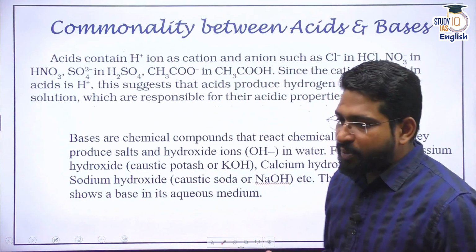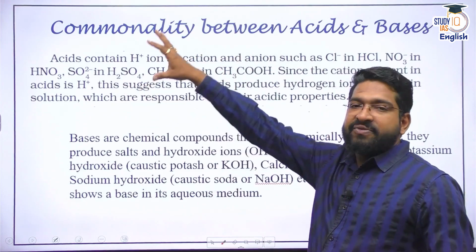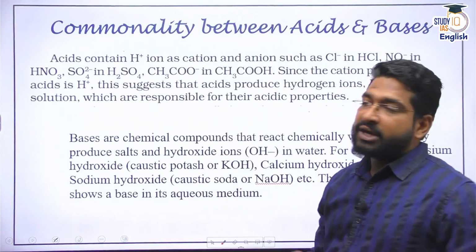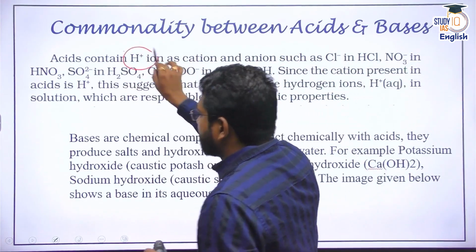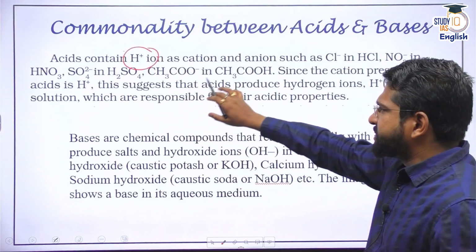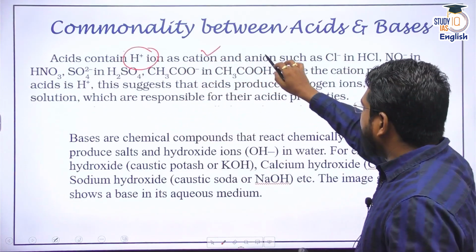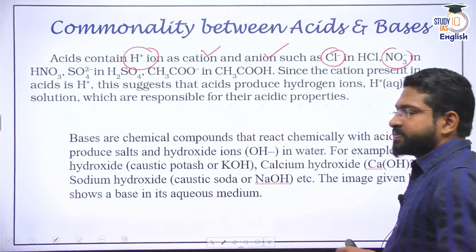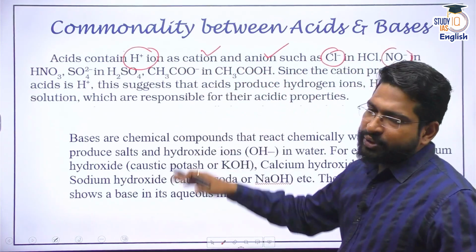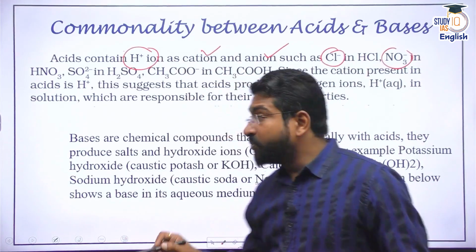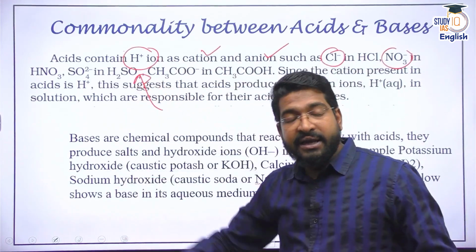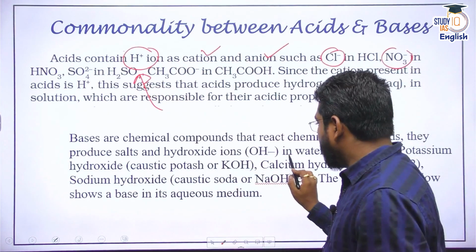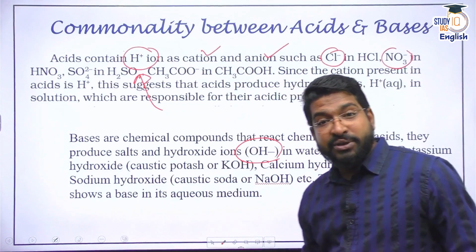Every acid, when I create an aqueous solution of it, meaning when I add it to water, will give me an H plus ion as a cation, and an anion such as Cl minus, NO3 minus or SO4 2 minus. Take any example, hydrochloric acid, sulfuric acid, nitric acid, you will find the H plus ion. Similarly, when a base is added into aqueous solution, we get OH minus, and strength depends on this itself.